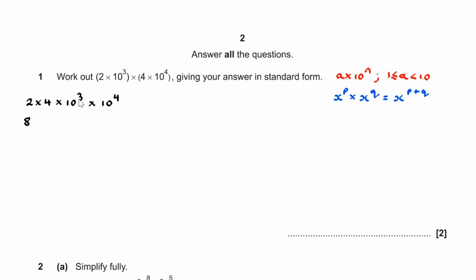We are timesing, and therefore we'd have to add the powers, and therefore 10 to the 3 times 10 to the 4 will be 10 to the power of 3 plus 4. So what we end up with then is 8 times 10 to the power of 7. So we have 8 times 10 to the power of 7.